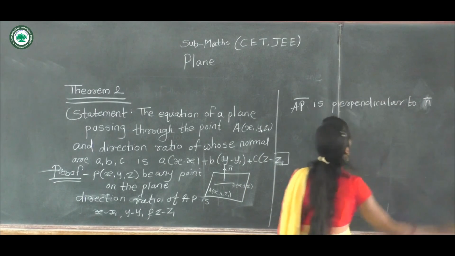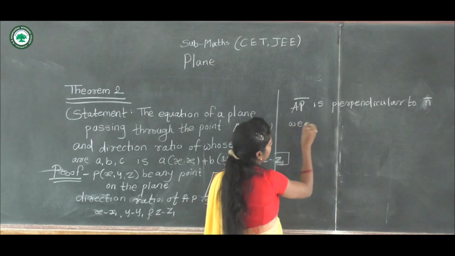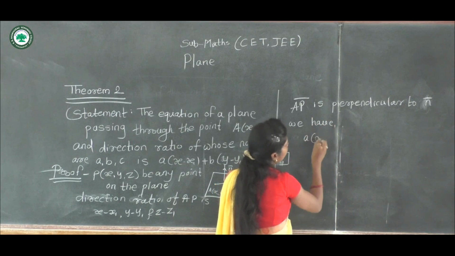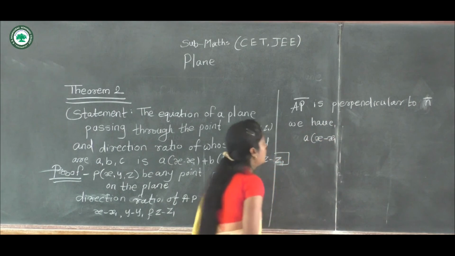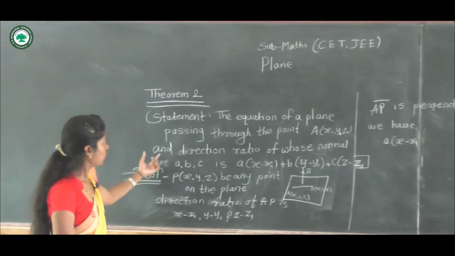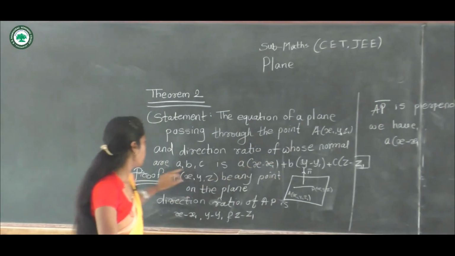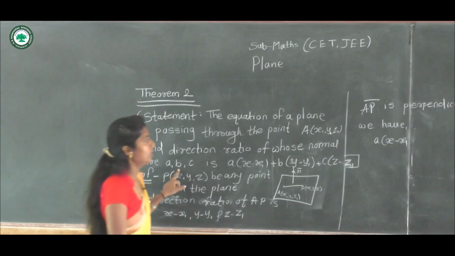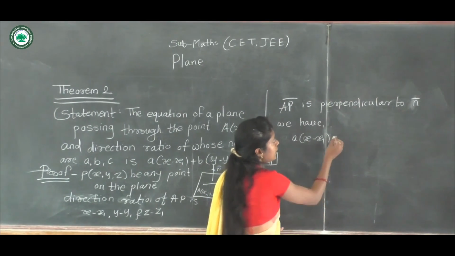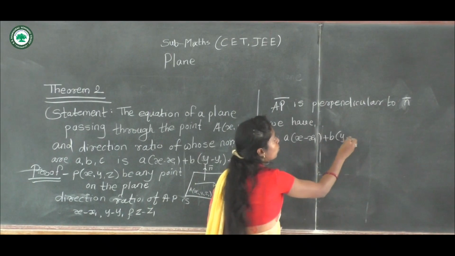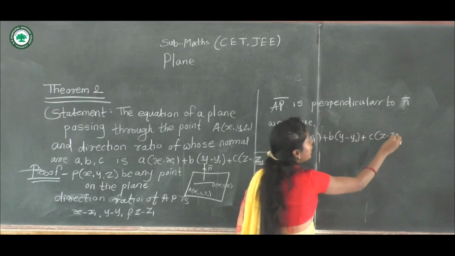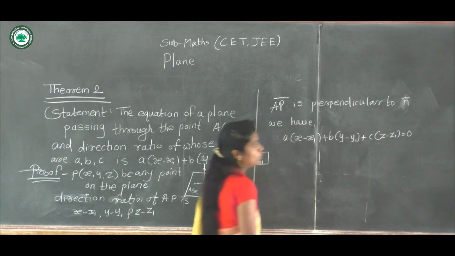Perpendicular to normal, then we can write A into x minus x1, because the direction ratio of normal is given as A, B, C, therefore we can write A into x minus x1 plus B into y minus y1 plus C into z minus z1 is equal to 0.